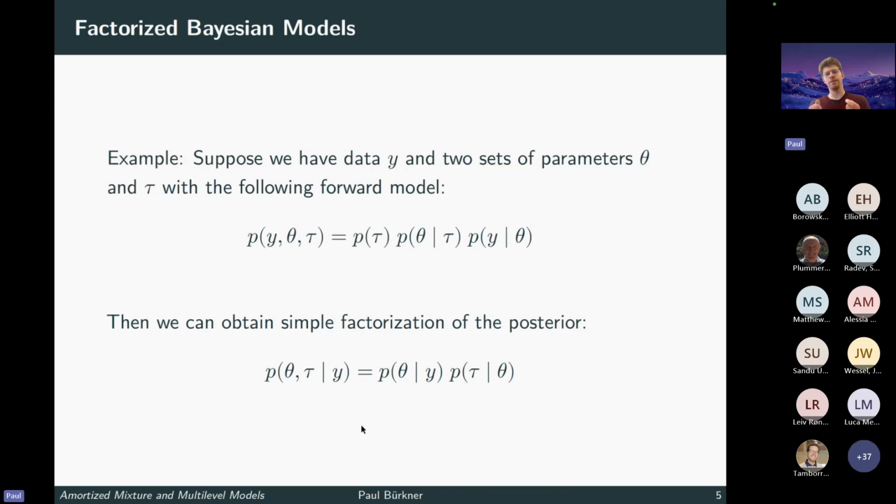And this kind of smart factorization of the posterior distributions, we are going to make heavy use of in this talk. Since this is kind of an important part, are there any questions so far? Simple idea, and we make good use of it in amortized Bayesian inference, essentially.